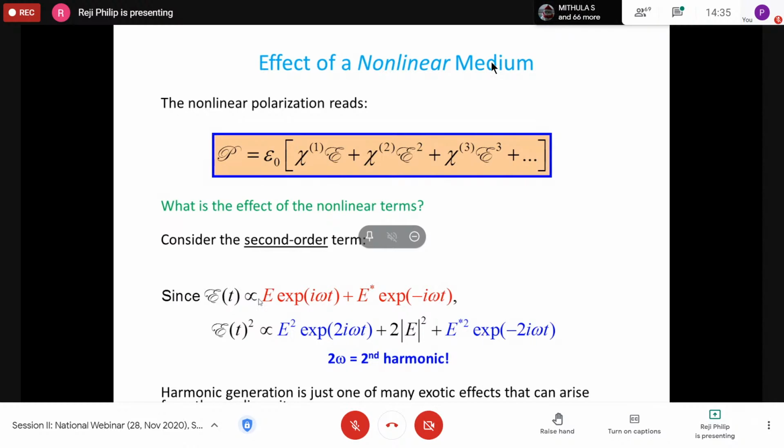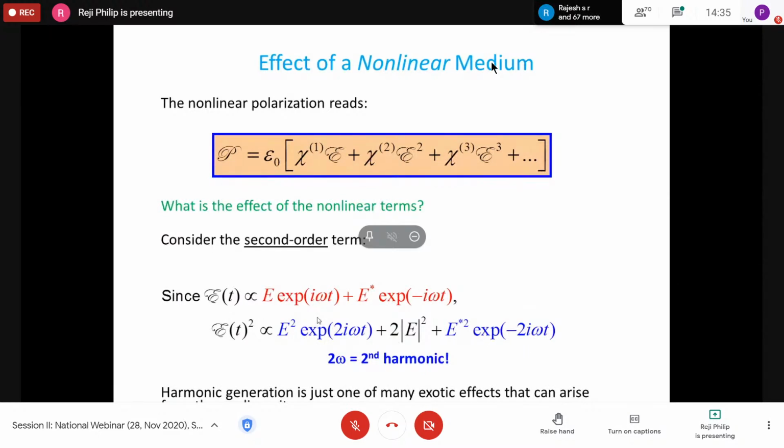E(t) is proportional to E e to the power i omega t plus E star e to the power minus i omega t, because you take this as a complex quantity. Now E(t) square is proportional to E square e to the power 2i omega t plus 2 modulus E square plus E star square e to the power minus 2i omega t.